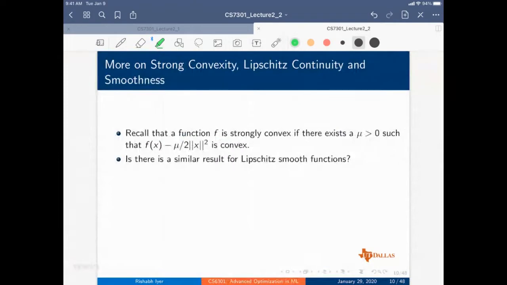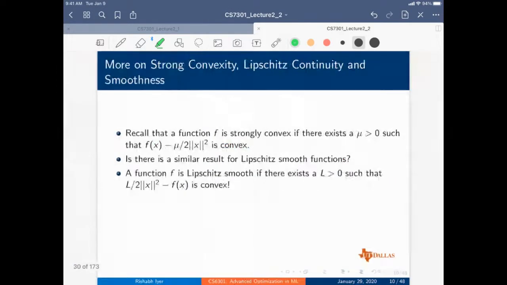So the question is, is there a similar result for Lipschitz smooth functions? It turns out that there is. I'll contrast this. In the case of strong convexity, f of x minus mu by 2 norm x squared is convex. But for Lipschitz smoothness, we require that L by 2 norm x squared minus f of x be convex. So in some sense, this is like a sandwich.